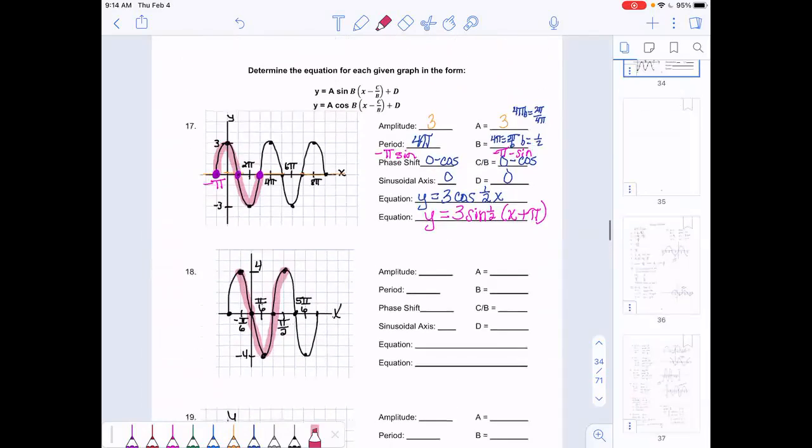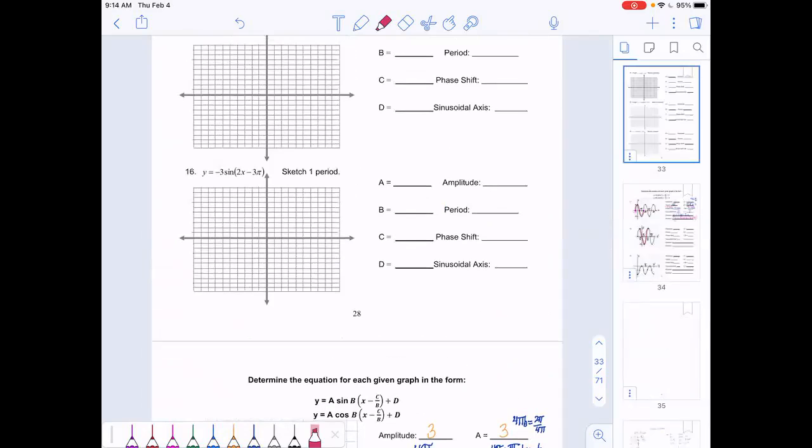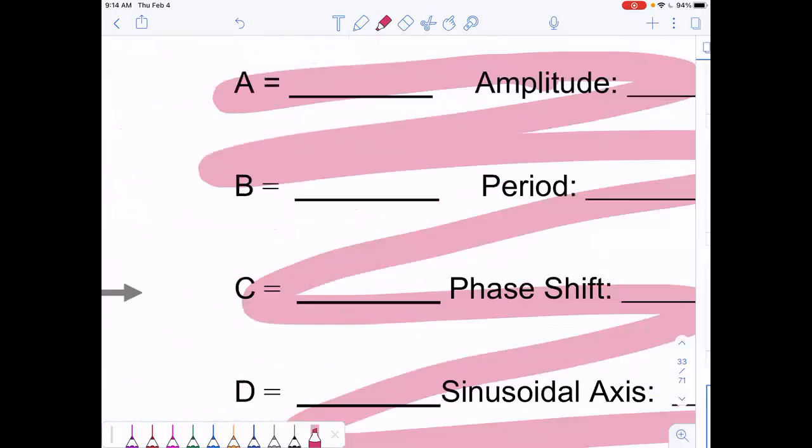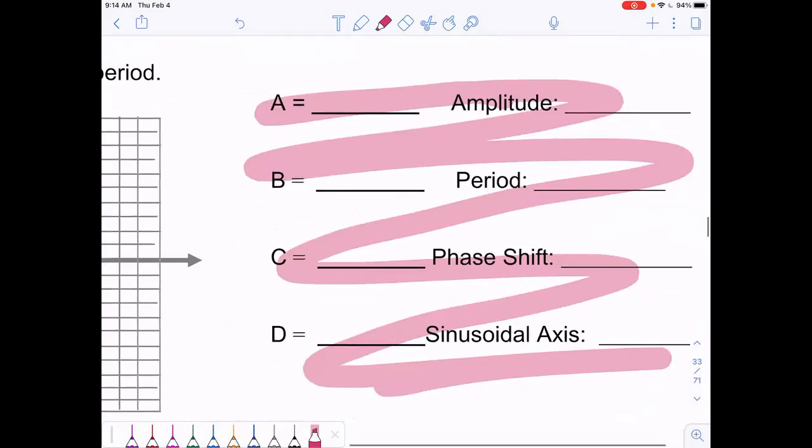The test tomorrow, you will have 2 questions that just ask you to kind of describe or list the A, B, C, D, the amplitude, the period, the phase shift, the sinusoidal axis, not graphing it. So just 2 questions that are exactly like this. 1 question will be a graph, 1 question will be writing an equation.